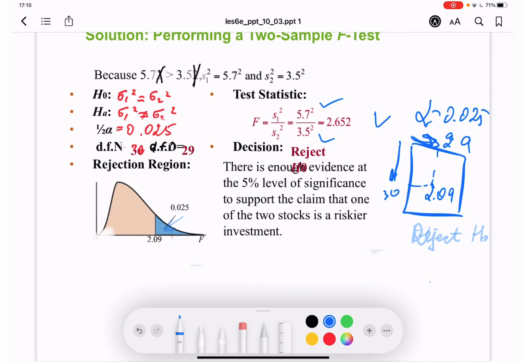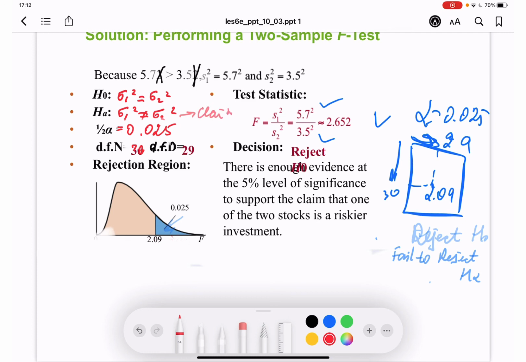And that means we support the alternative. And our claim is sigma 1 squared is not equal to sigma 2 squared. This is our claim. The alternative is the claim.